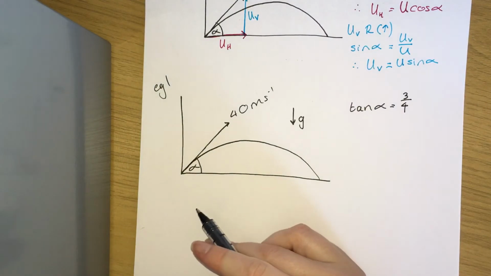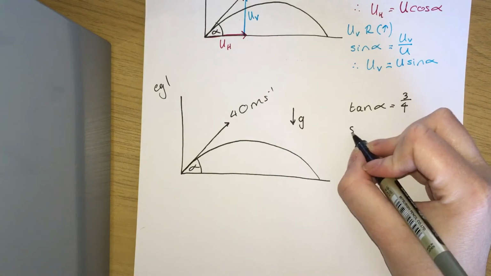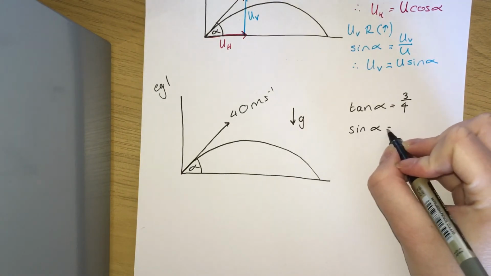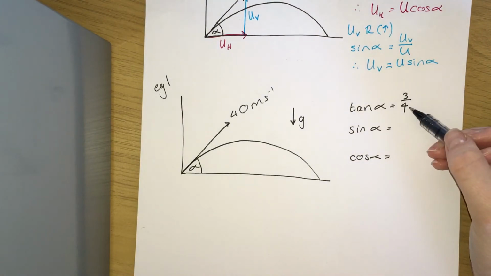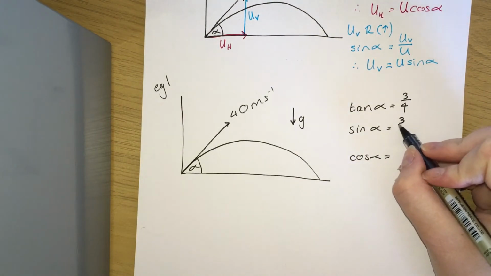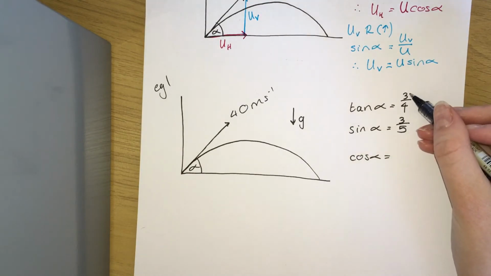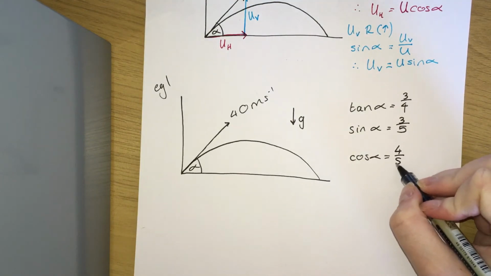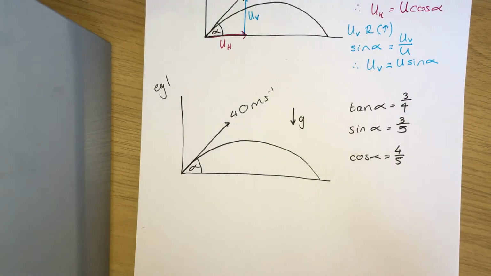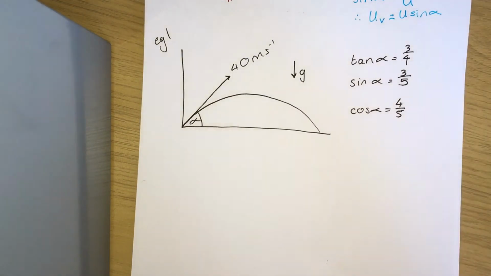We know it's an acute angle, so we can use this to work out our sine alpha and our cos alpha. Well, that's the opposite and that's the adjacent. So sine is going to be 3/5 if you're looking at a Pythagorean triple. Obviously, square that, and square root. And then adjacent over hypotenuse. Okay, perfect. So we've got our information set up, ready to approach the problem.